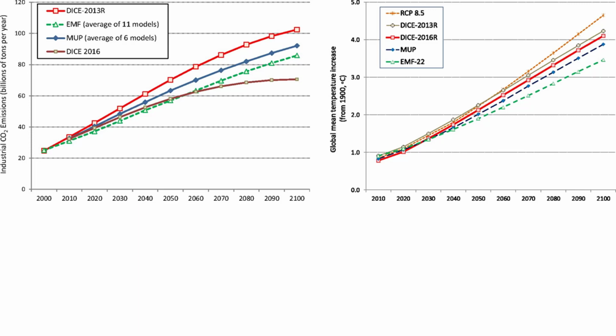Right now this is the most up-to-date version of the DICE model, and it's a bit more optimistic, so industrial CO2 emission will be a bit smaller. The problem is that this amount is produced and added to the atmosphere every year, so it's still growing. We cannot say that it grows until 2100 and maybe declines after that, because we are adding to the atmosphere again and again.